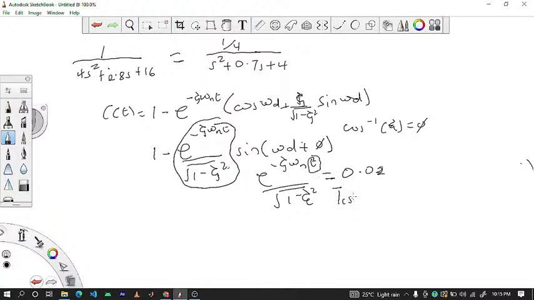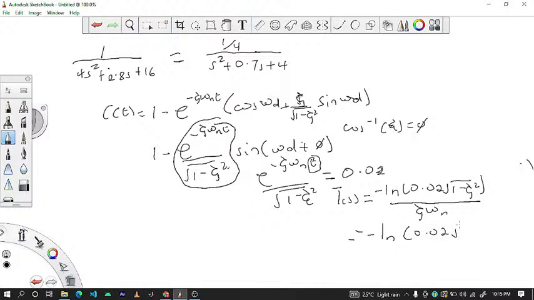Our ts will be negative natural log of 0.02 times square root of 1 minus zeta squared, all over zeta omega n. Now if we put in the values, we have negative natural log of 0.02 times square root of 1 minus 0.175 squared, all over 0.175 times 2.